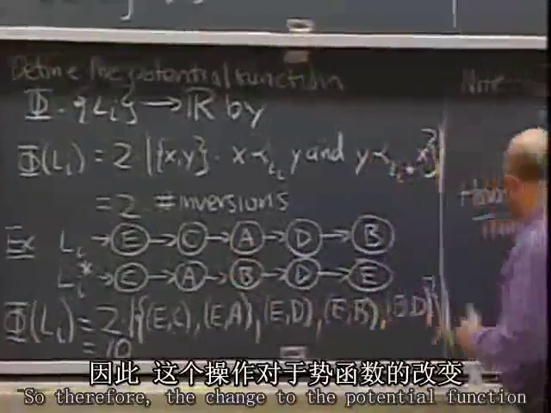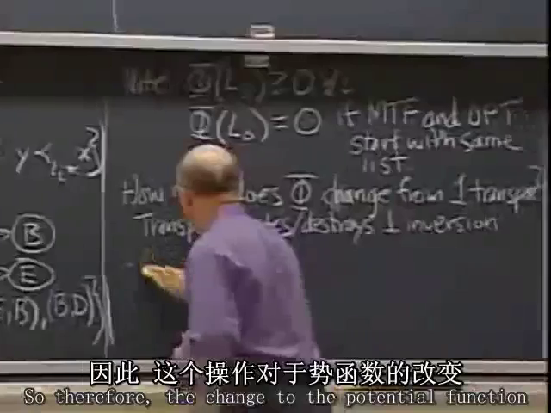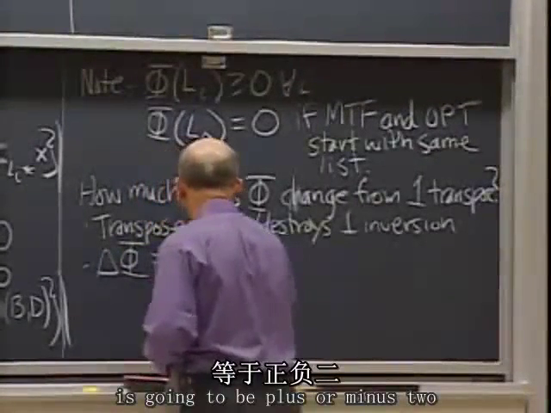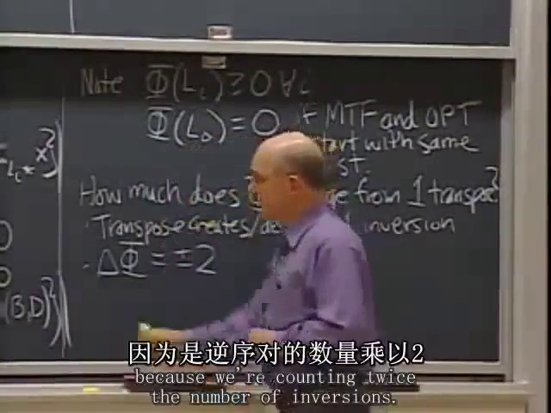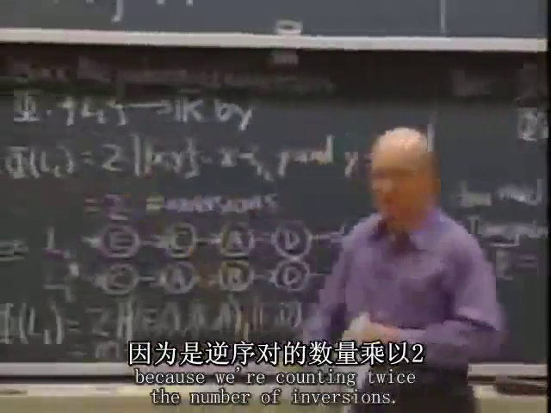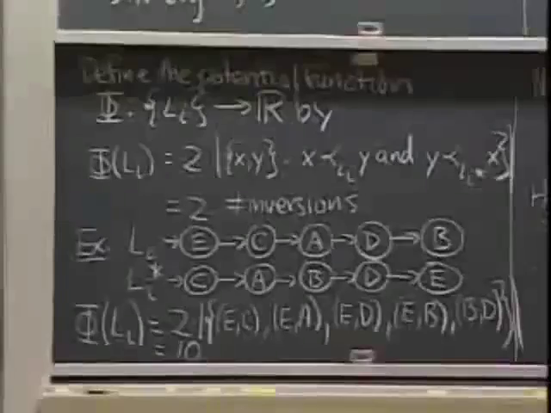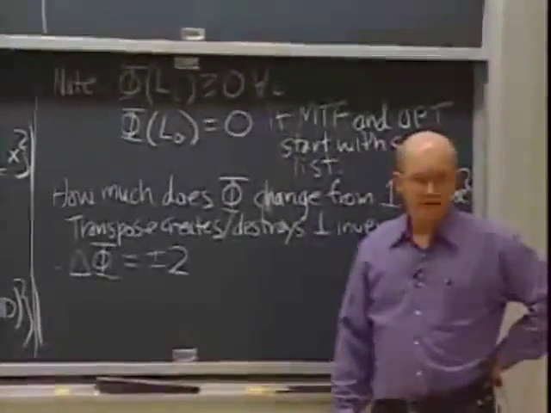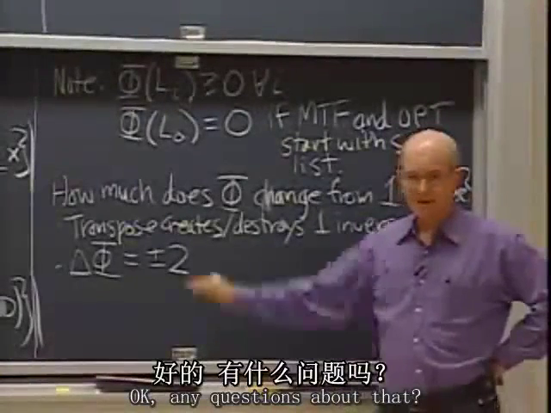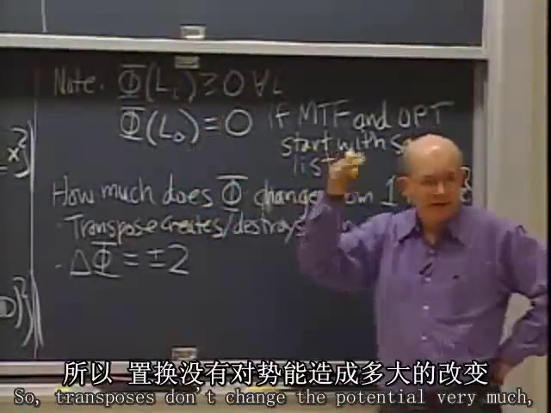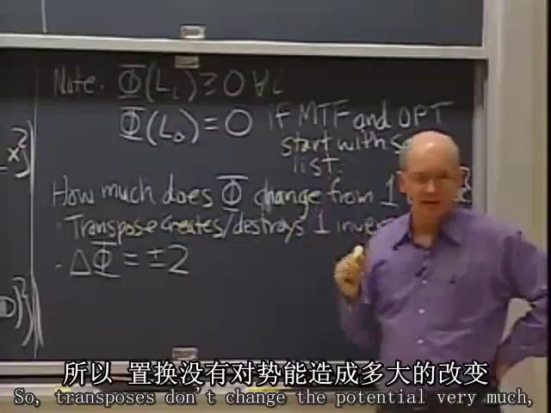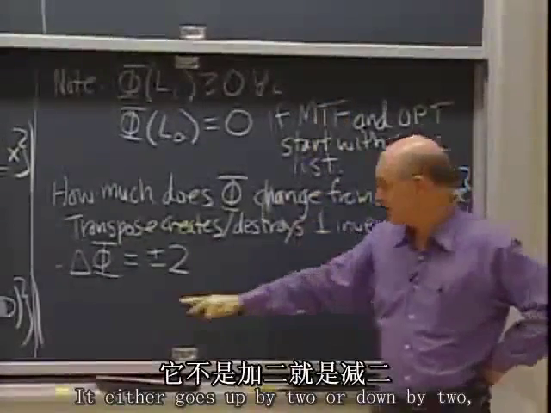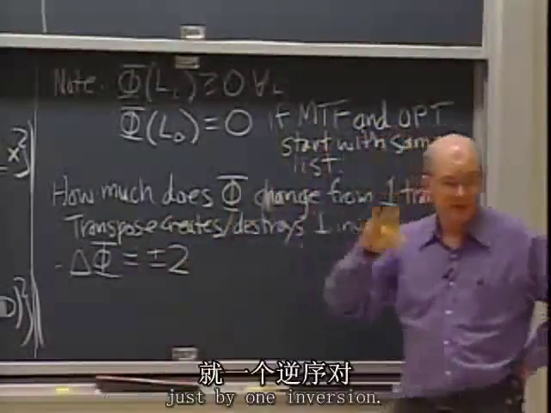So therefore, the change to the potential function is going to be plus or minus 2 because we're counting twice the number of inversions. Okay? Any questions about that? So transposes don't change the potential very much, just by 1 inversion.